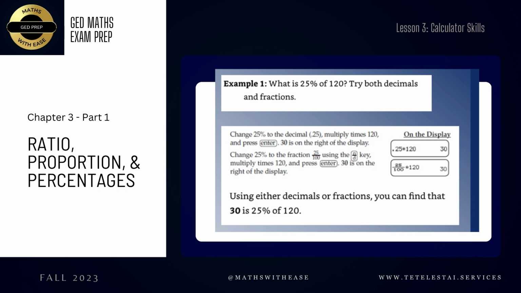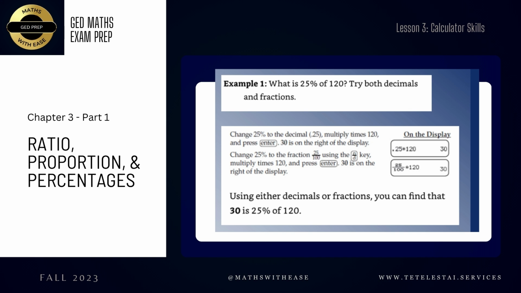So again, all of that to say that when you see a quantity like this, instead of wasting time trying to write 25/100 and then reducing it to its lowest form, you can just immediately recognize that you can drop the percentage symbol, move your decimal point over 2 places to the left. You immediately have your decimal representation, which is 0.25, and then you can multiply 0.25 by 120.